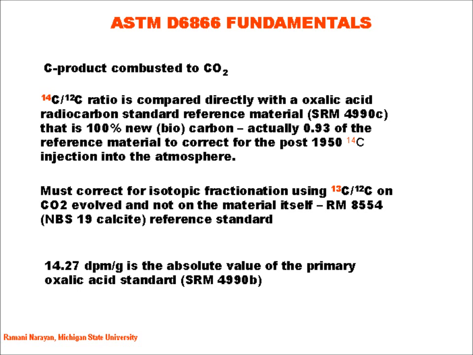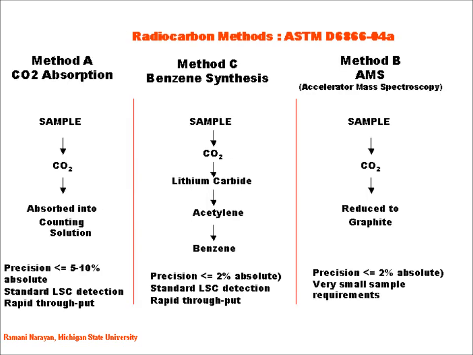So if you had 100% bio content and you burn the carbon to CO2 and you measure the disintegrations per minute per gram, you'd get 14.27. If it was 50%, then you get half of that. So that's how it is done. It's a very simple way to do that. All right. So go to the next slide.